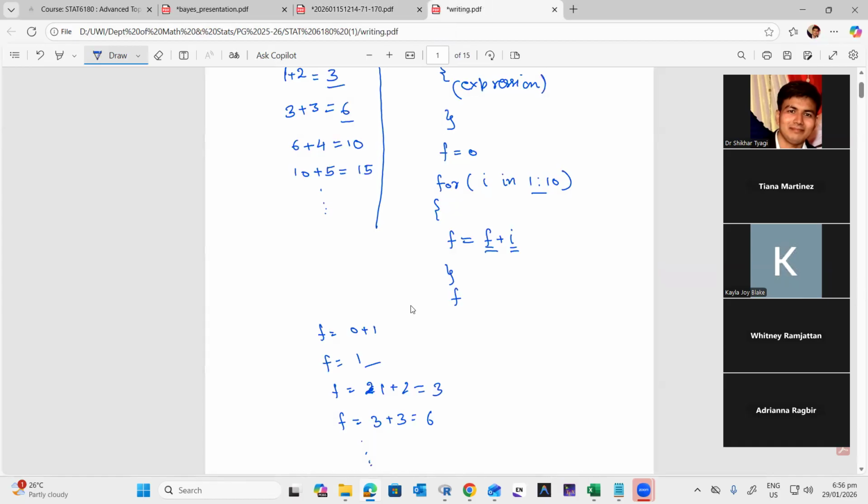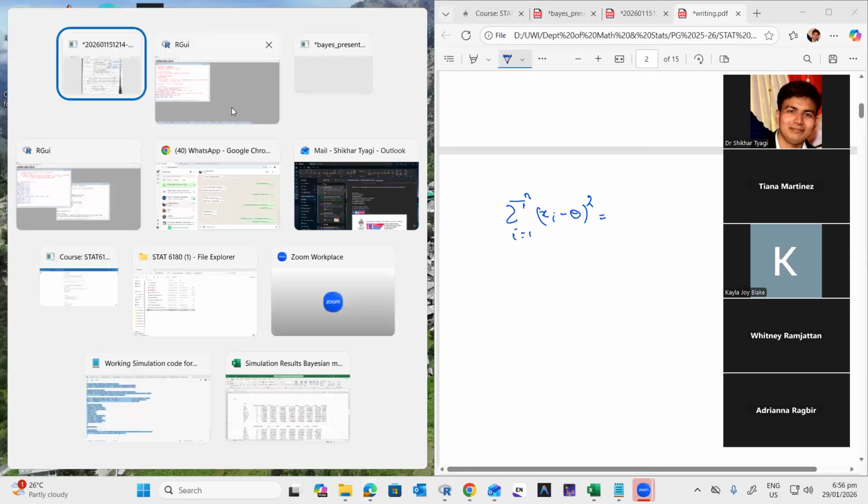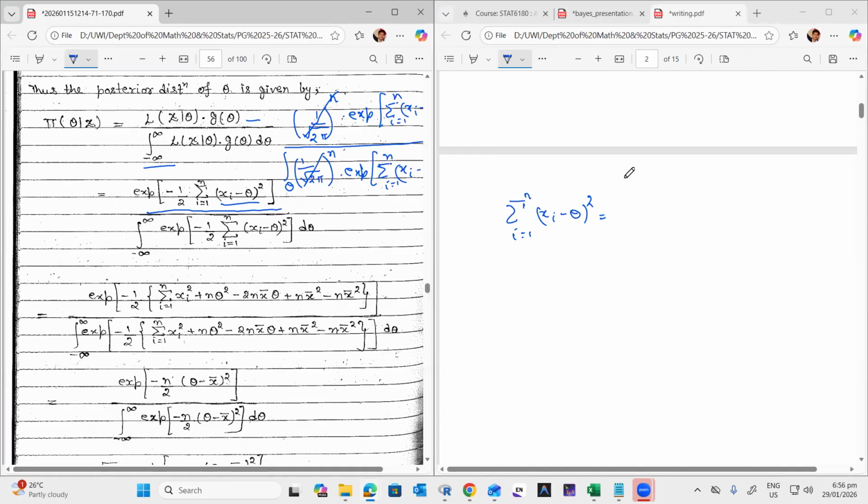So we have summation i goes from 1 to n (xi minus theta) whole square. We have this expression, so now we are going to solve this one.